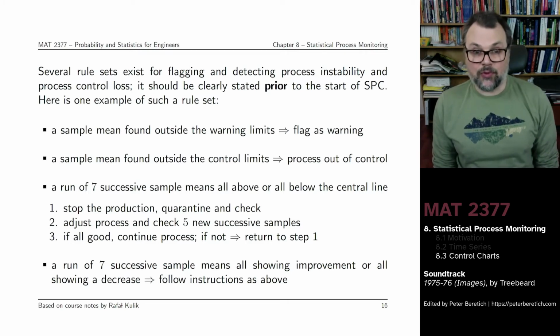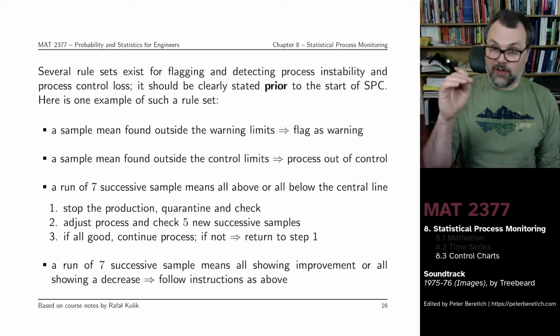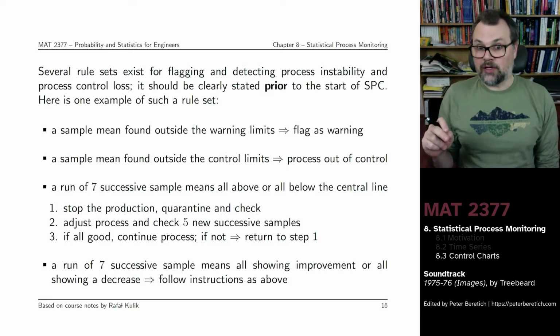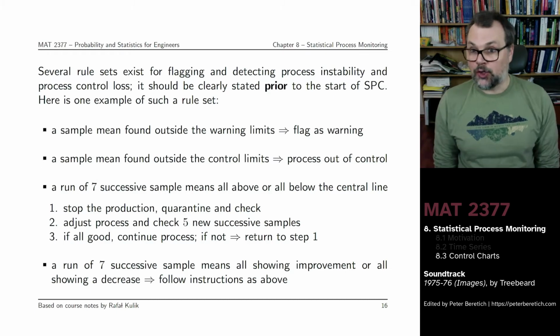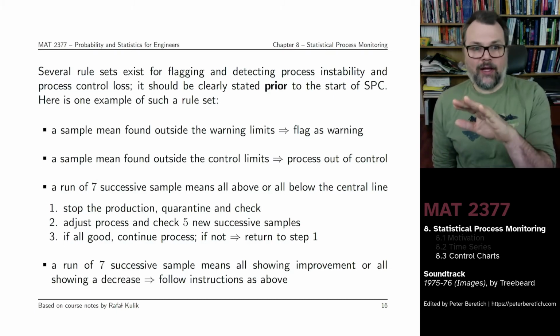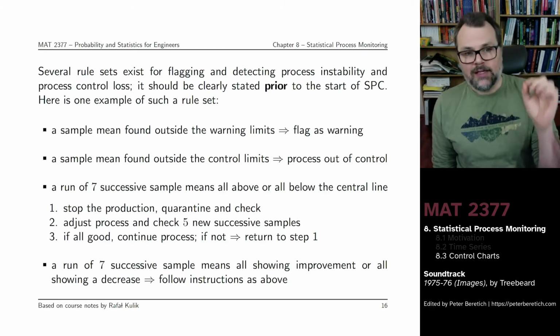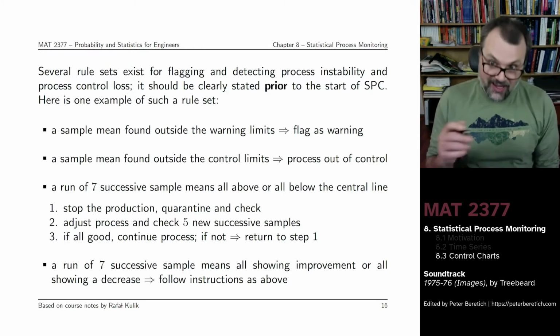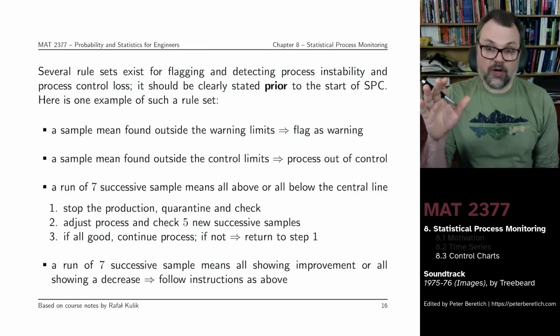If a sample mean is found outside the warning limits, so between the warning limits and the upper or the lower control limit, then you flag this observation as a warning. Let your engineers know that something isn't bad yet, but it's not great. If you find a sample mean straight outside the control limits, then the process is out of control. Flag that. Stop the process.